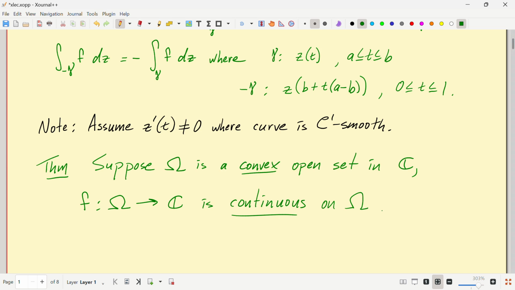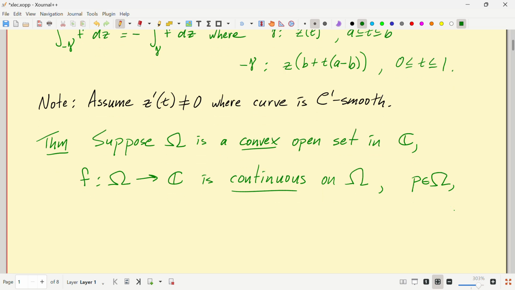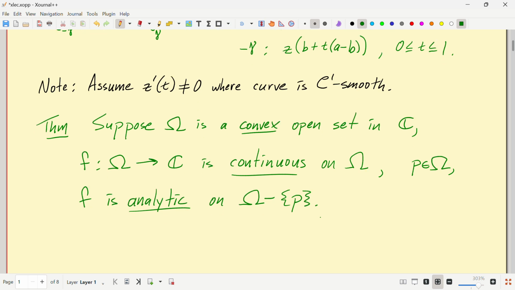And we suppose that P is a point in omega, so this is going to feel like the Goursat lemma. And f is analytic on omega minus p. So there's this one annoying point. It'll pay off to have that point around when we do the Cauchy integral formula.